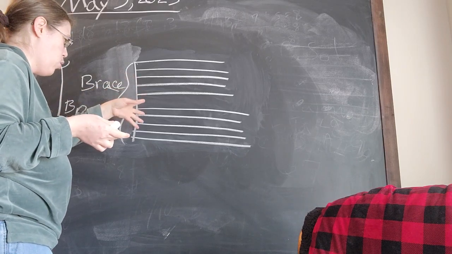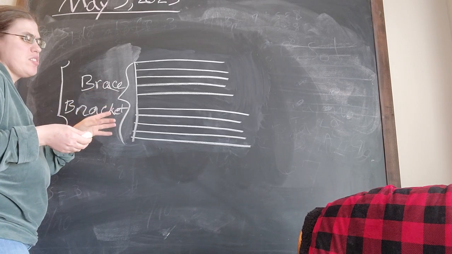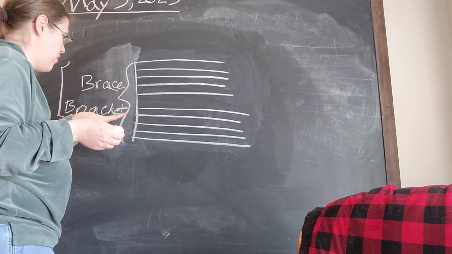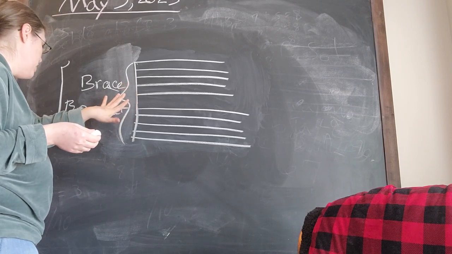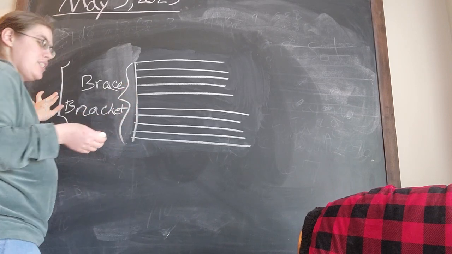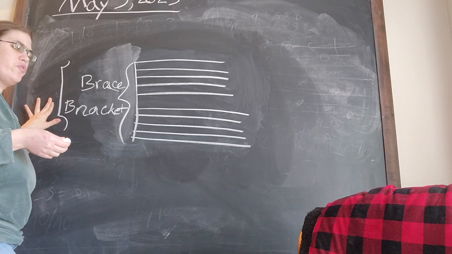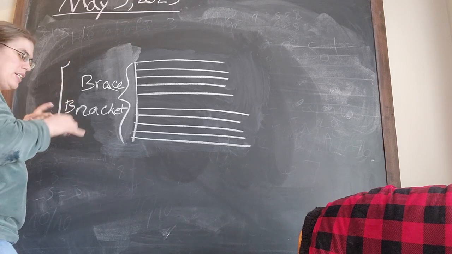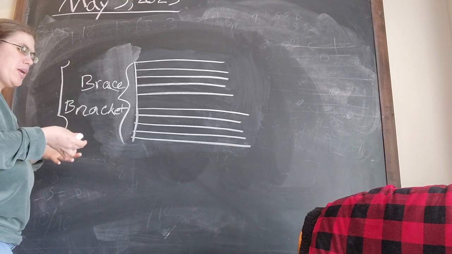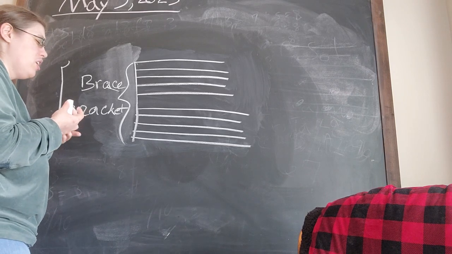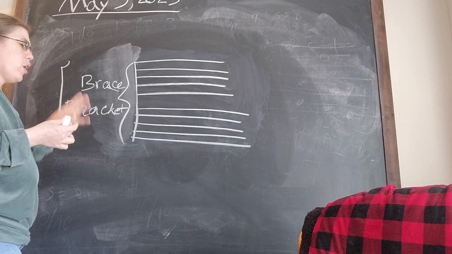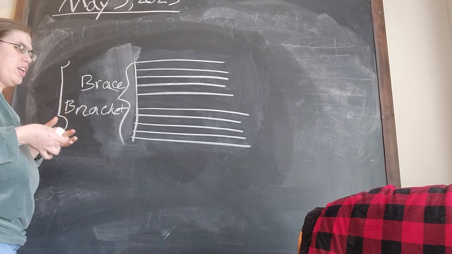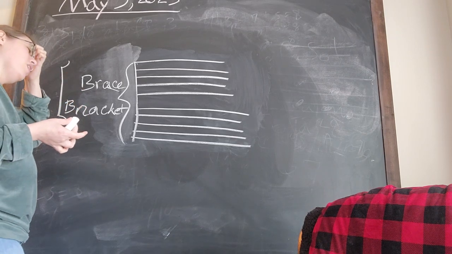So like keyboard music, if there's a first violin and a second violin, these would be used to brace. The bracket is used for grouping like a family together, like a choir score. The choir parts are usually linked with a bracket.